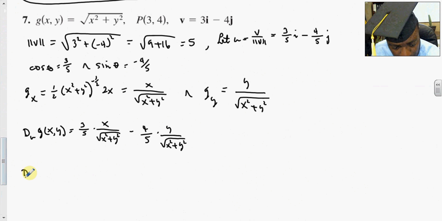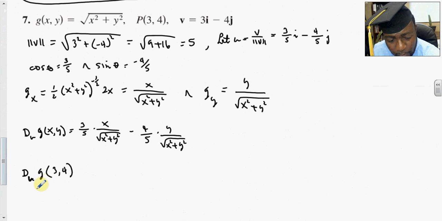So we look at this directional derivative of g at the point 3 comma 4 in the direction of u. So x is 3, y is 4. So we have 3 times 3 all over 5 times the square root of 3 squared plus 4 squared, which is the square root of 25.